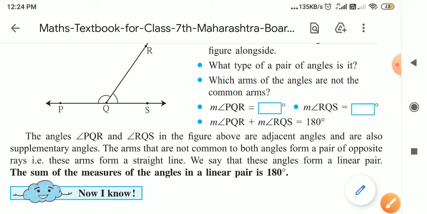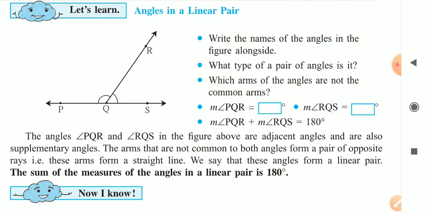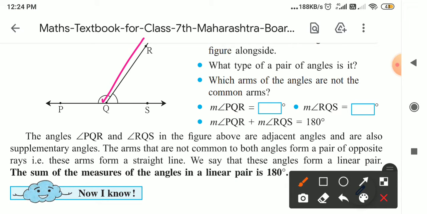Straight line means straight angle, and the sum of measures of PQR plus RQS is equal to how much? 180 degrees. The angles PQR and RQS in the figure above are adjacent angles. Yes, they are adjacent angles. Why? Because they have a common arm, the interior parts are different for both angles, and Q is the common vertex.